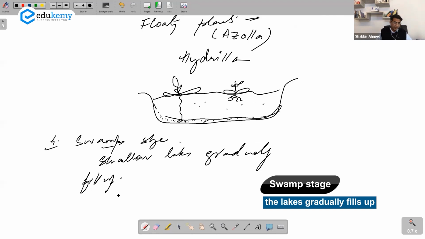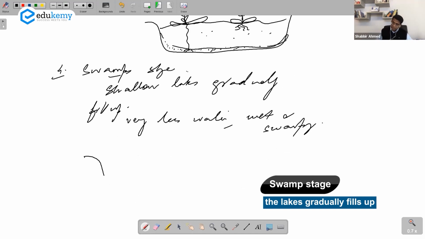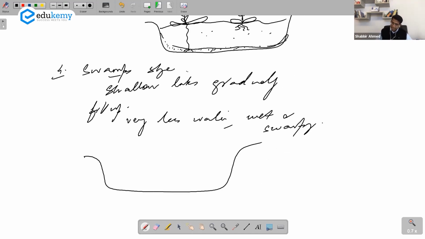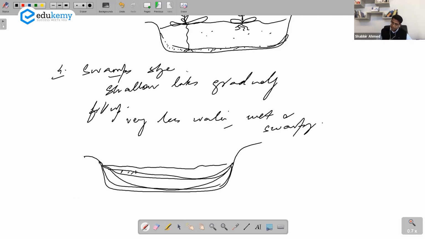It is still very less water, but it is wet and swampy. Okay, this is the lake. अब इसमें sedimentation हो रहा है. Sedimentation is happening here. Okay, and you can have some amount of water.